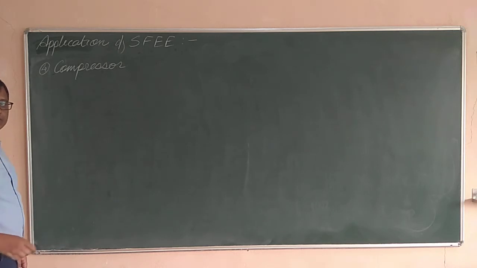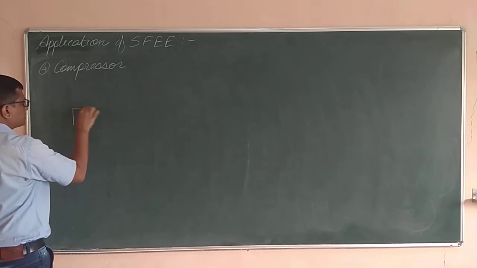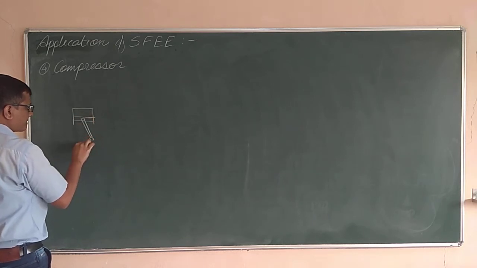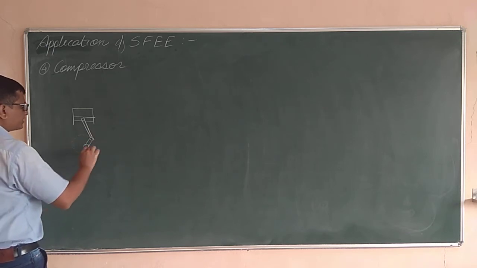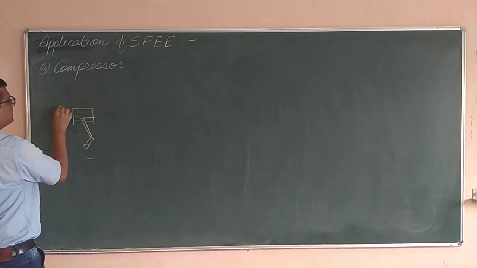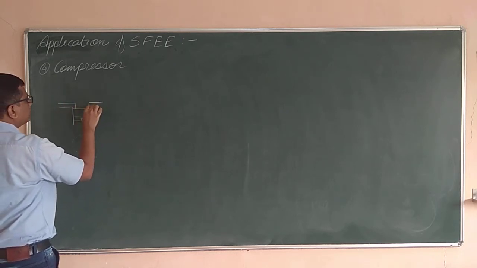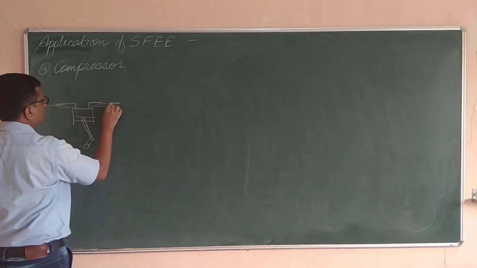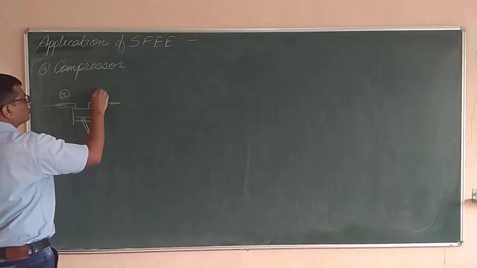Now you know the compressor is used for compressing air. Say this is the compressor, a reciprocating compressor. This is the crank, which is rotating about the crankshaft like this. It is taking up the air and delivering the air to the system. So air is taken in, air is given out. This is section 1, this is section 2.